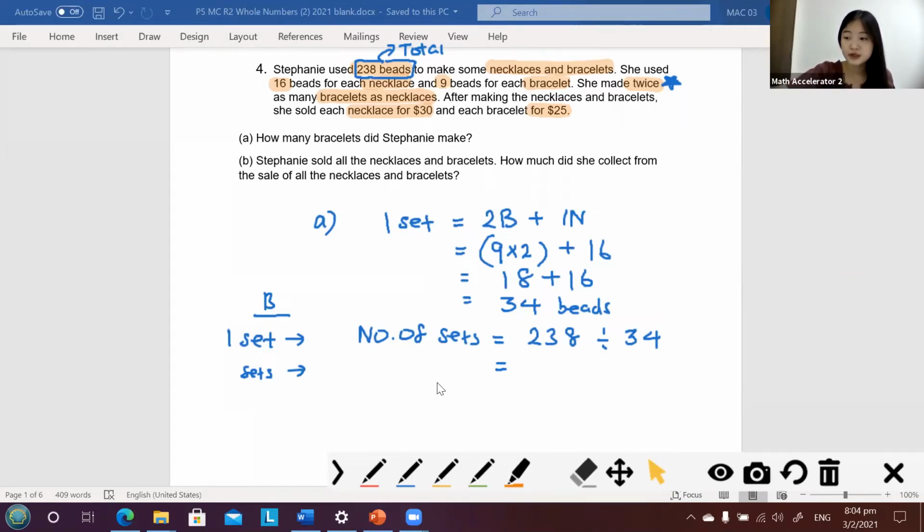Okay, so I see a lot of answers coming in already. So I repeat the question. You find the number of sets first. It's given here already, right? 238 divided by 34. So use a calculator and find the number of sets. And then tell me, how many bracelets did Stephanie make? You have to make use of the number of sets.